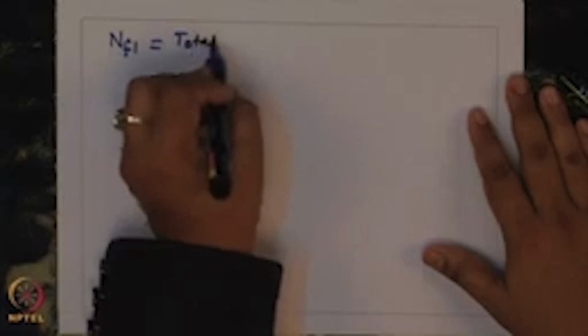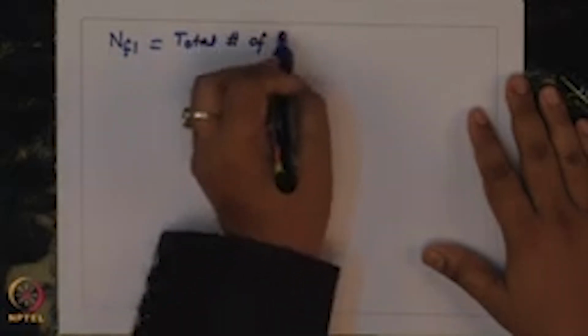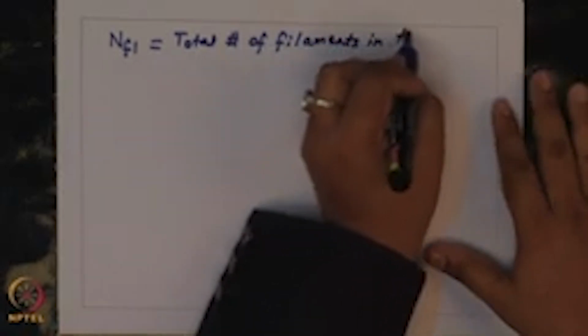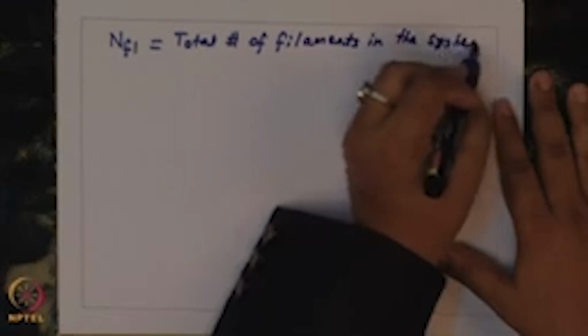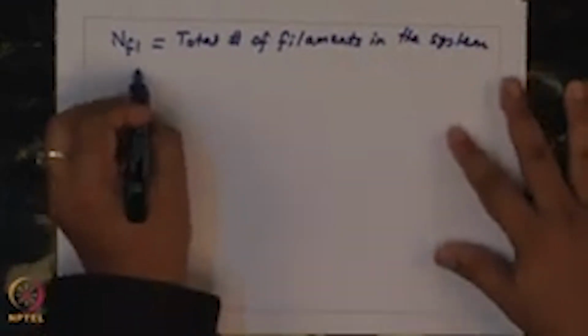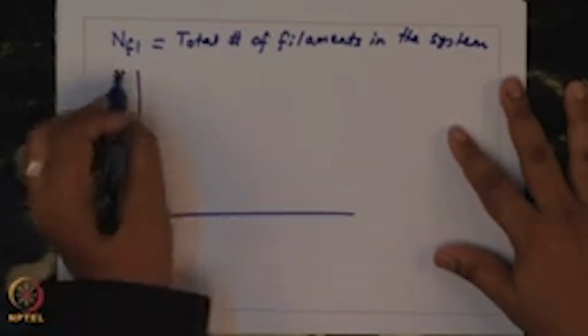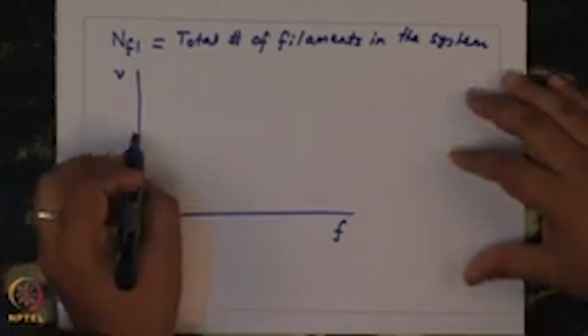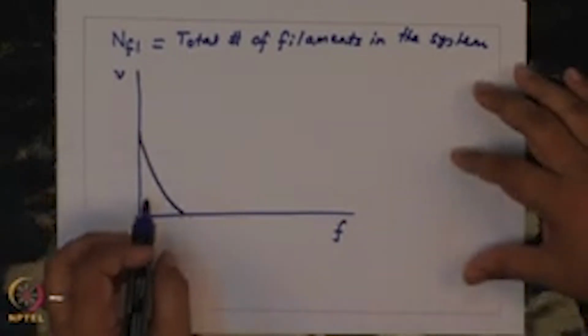Okay. So, what will be the growth profile of this network? Imagine that I constrain the total number of filaments in the system. N filament is the total number of filaments in the system. Okay. So, in the force velocity curve, this is again the stall force for a single filament.